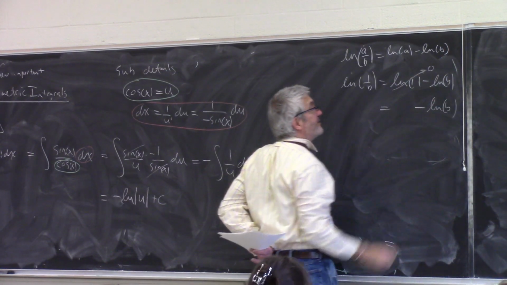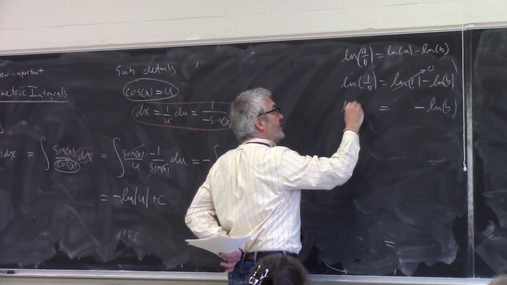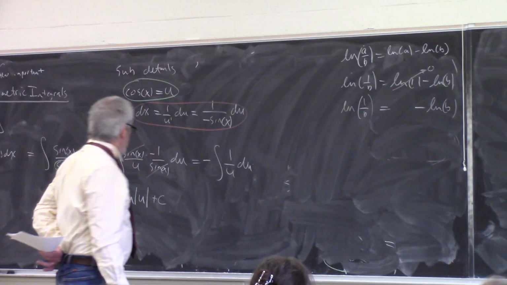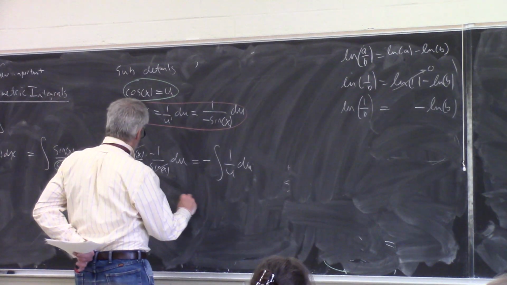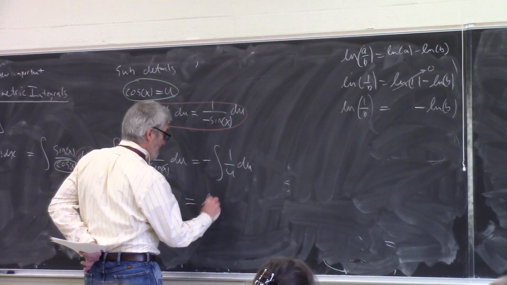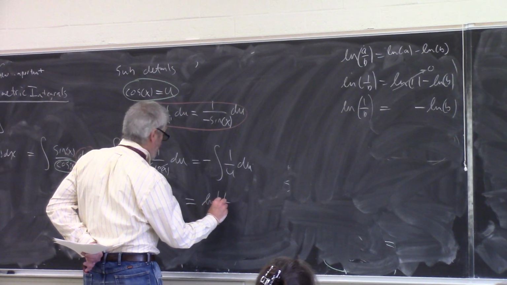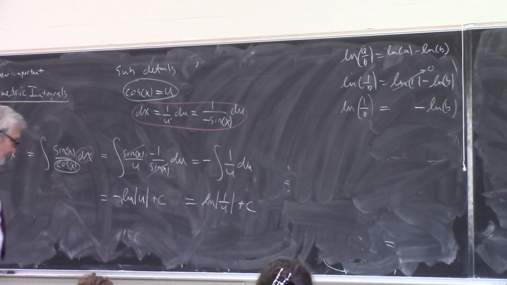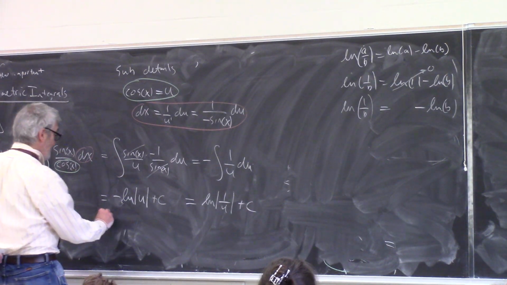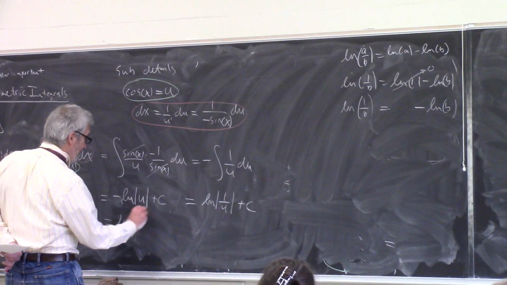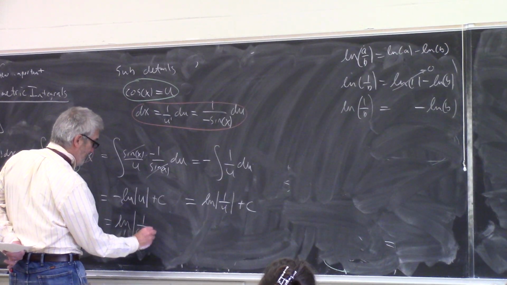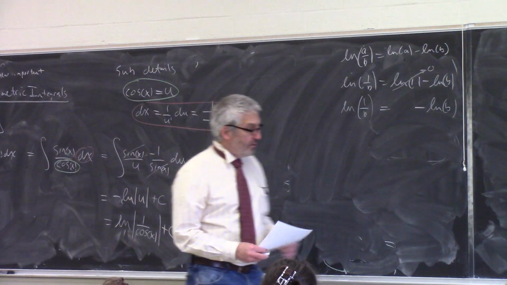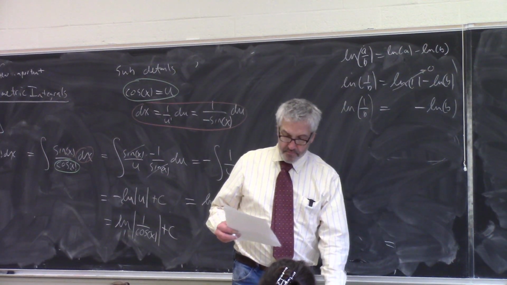So if I have minus ln of something, that's the same as ln of 1 over that thing. So this is ln of absolute value of 1 over u plus c. Let's substitute back. This is ln of absolute value of 1 over cos x plus c. So that's our first trigonometric integral.